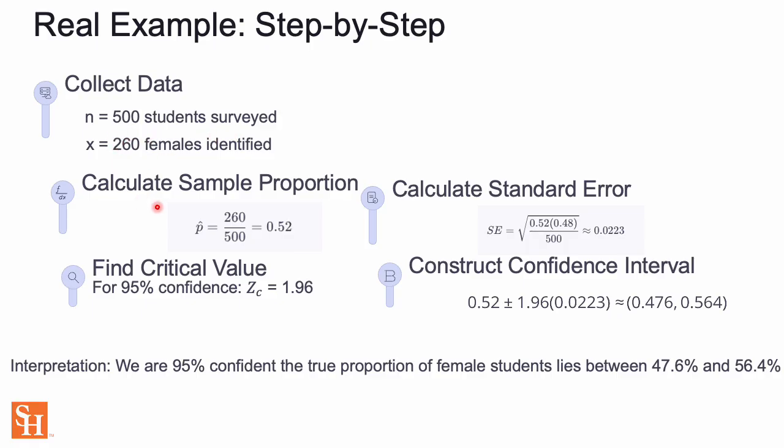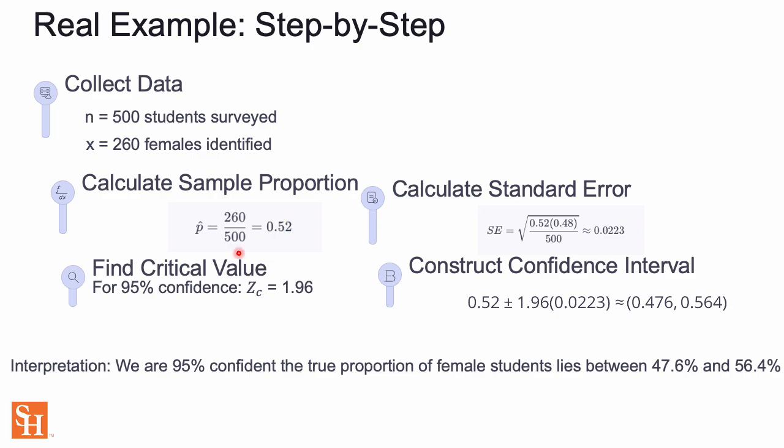So first we calculate the proportion by taking the ratio of female students over total students. 260 is the number of female students, 500 is the total number of students, so that gives us 0.52. Therefore the sample proportion is 0.52, right?